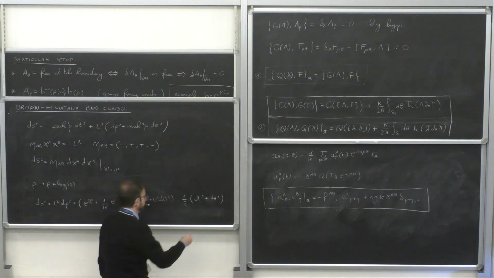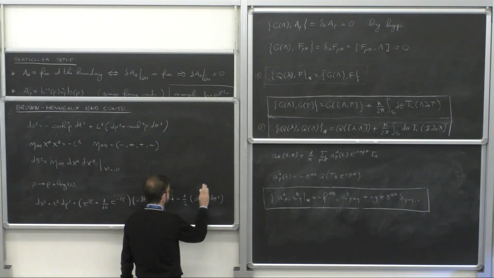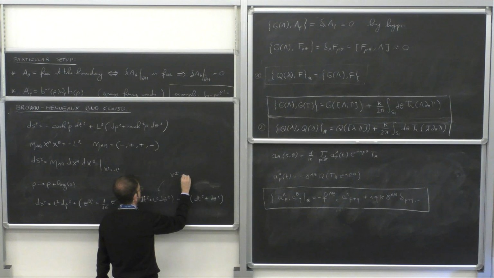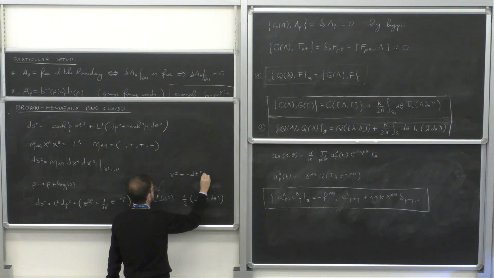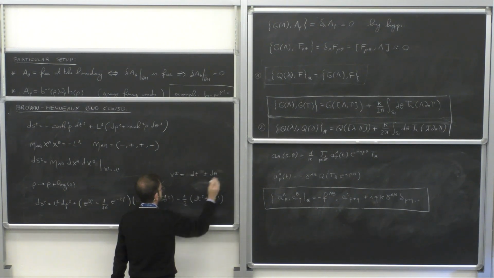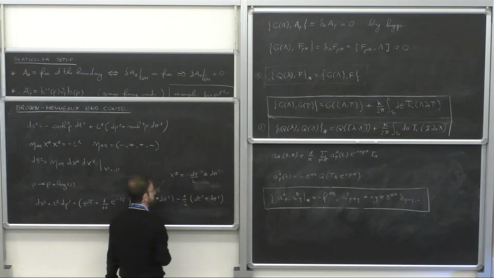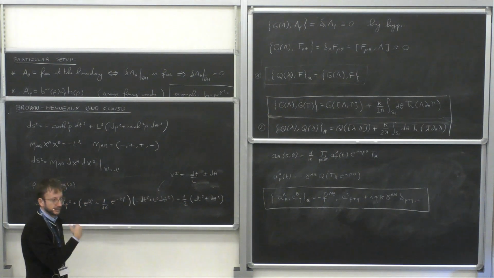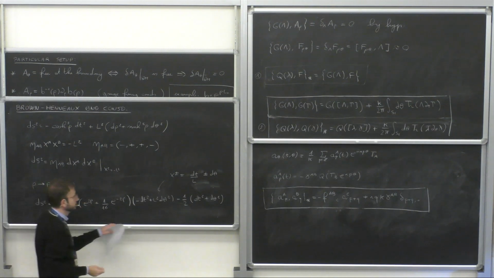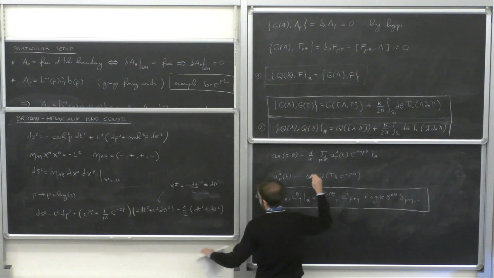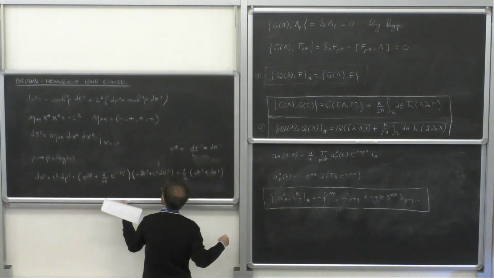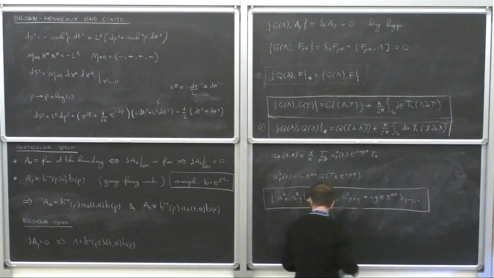But clearly this stuff here you can just write in terms of x^±, which is equal to minus dt² plus or minus d theta², dt divided by L. So this is something that you can find often in the literature, but for what I want to do, it's more interesting for me to leave it like this. And now I can go here.